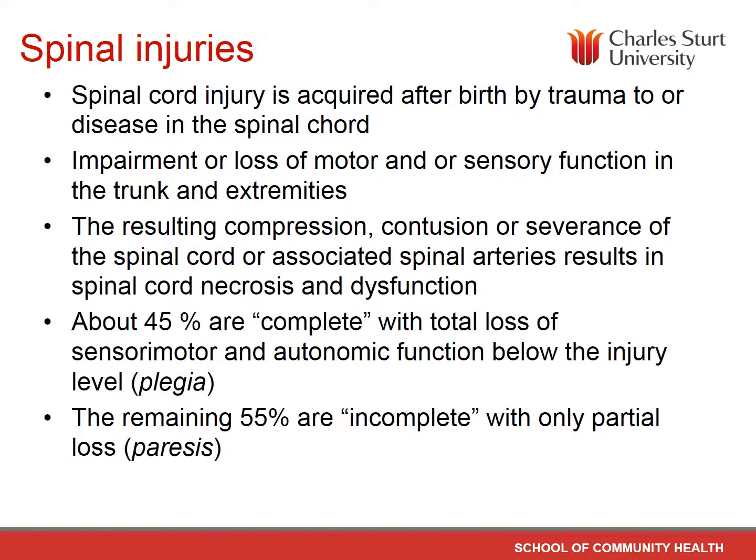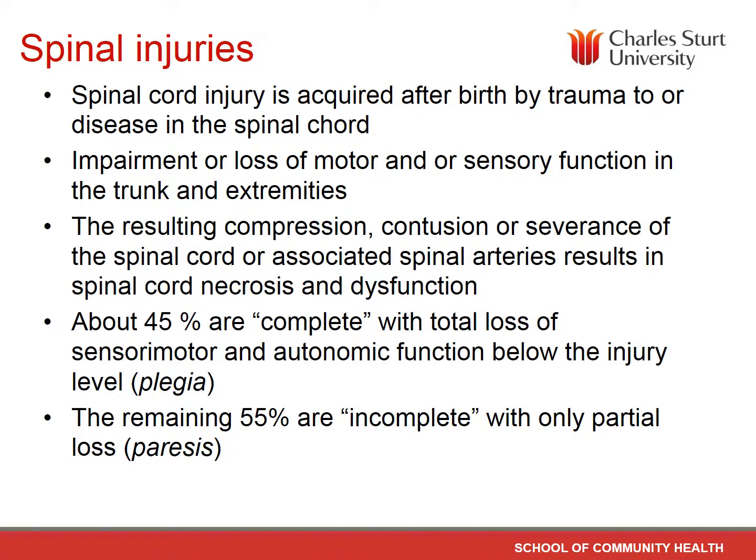Okay, now spinal cord injury is acquired after birth by trauma or disease of the spinal cord. It results in impairment or loss of motor and/or sensory function in the trunk or extremities, depending on what type of cord injury and at what level.